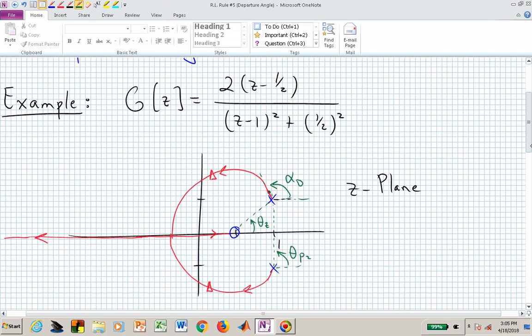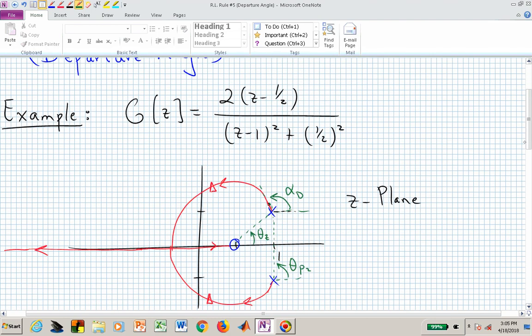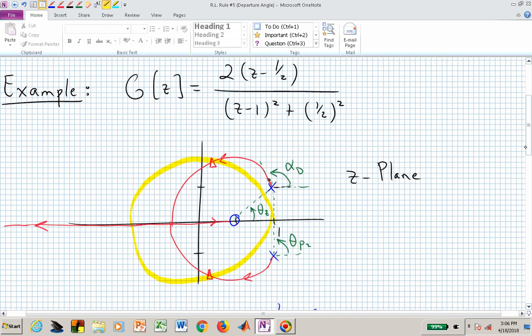If we wanted to think about design considerations or different pieces of this problem, maybe somebody's interested in stability. We want to know when the root locus enters the unit circle for the first time, and both branches stay inside for a given value of k.